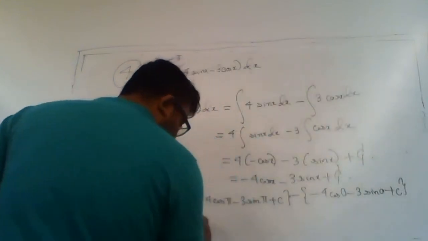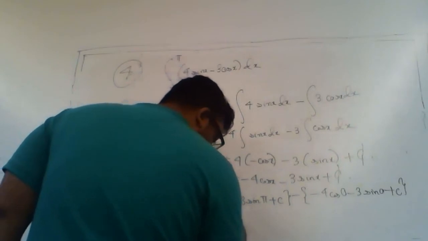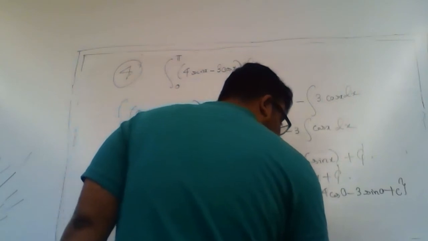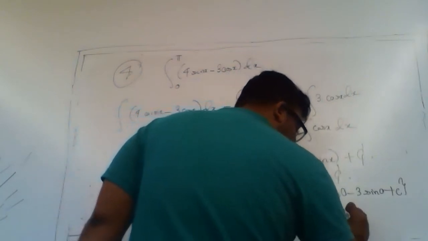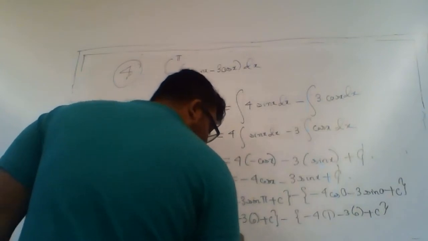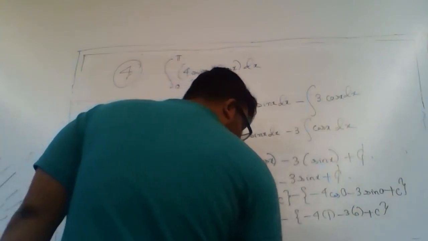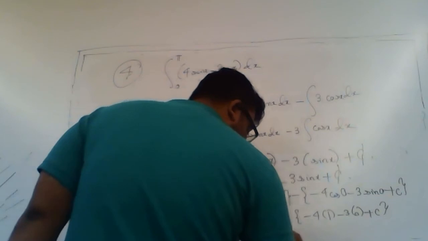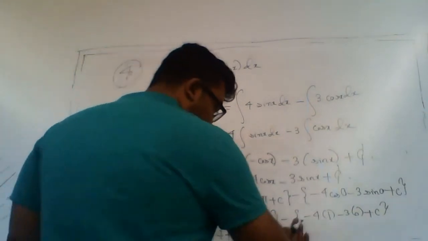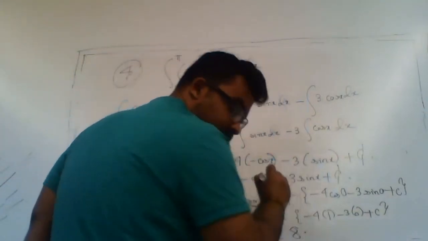You get minus 4 times minus 1, 3 times 0 plus c, minus, 4 cosine 0 is 1, 3 times 0 plus c. You simplify, you get 4 plus c plus 4 minus c, c cancels, you get 8 as your answer. It may not be visible, it's 8.